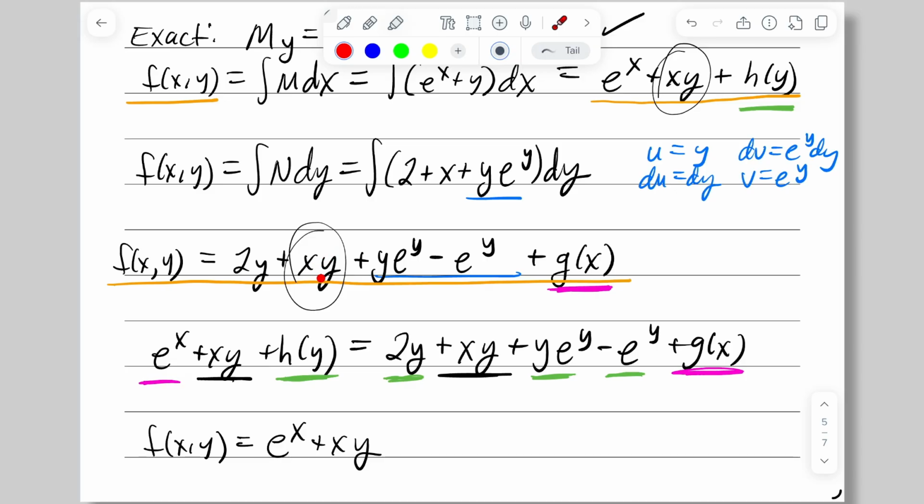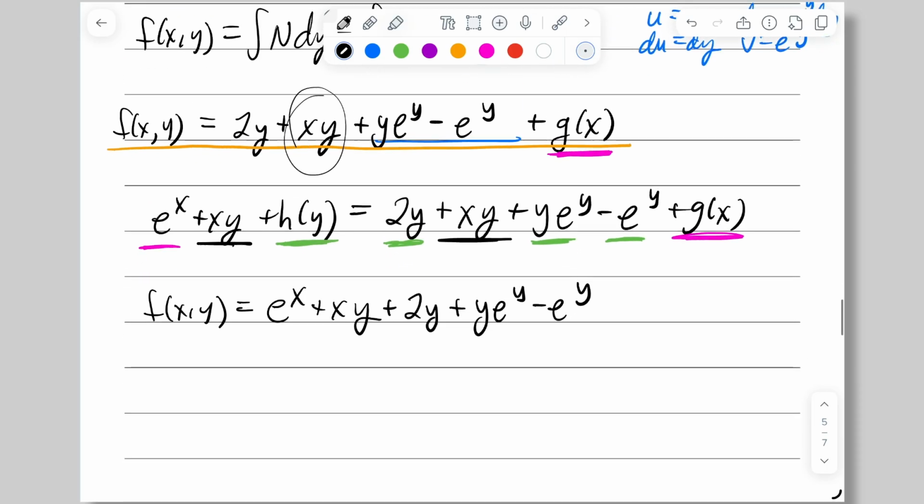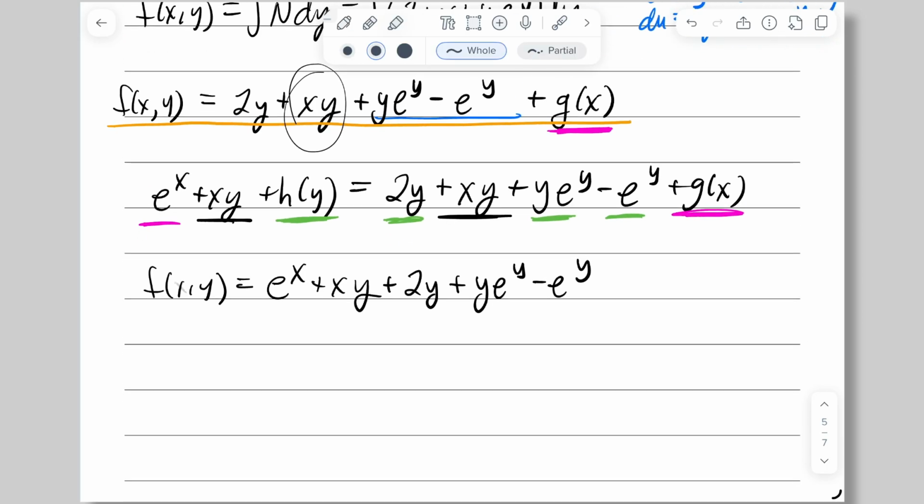And then I'm not going to double count the xy, but when we integrated with respect to y, we picked up a 2y and a y e to the y minus e to the y. Now the form of solution that we're looking for does not have f of xy equals, it is equal to c.